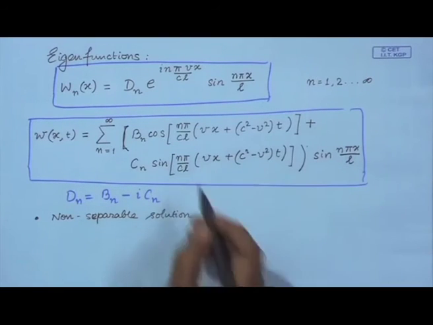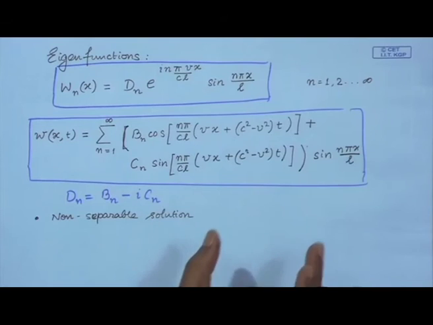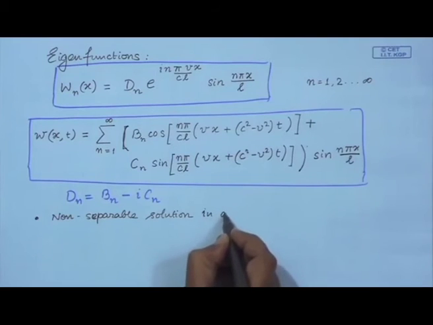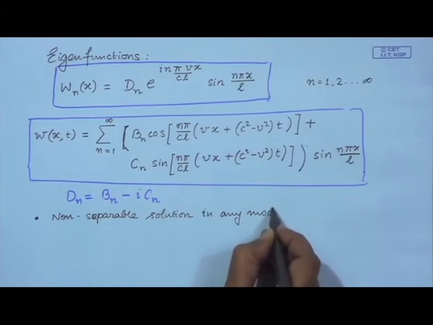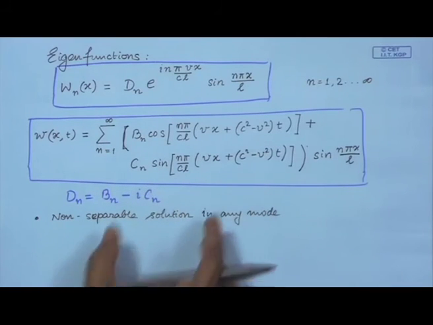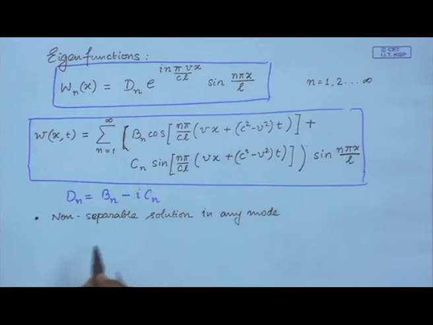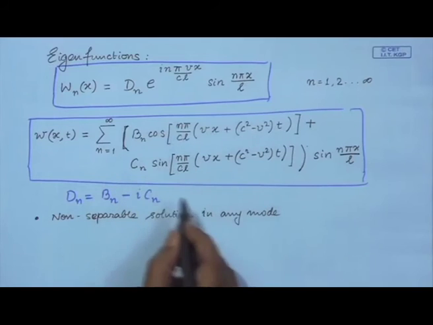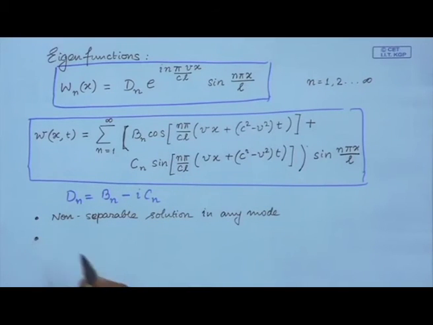Even for a modal solution in a particular mode, in general these solutions are non-separable. This structure of solution we will discuss further later in this course. Here the orthogonality, the way we have discussed it in this course till now, does not hold. It is replaced by something called bi-orthogonality.